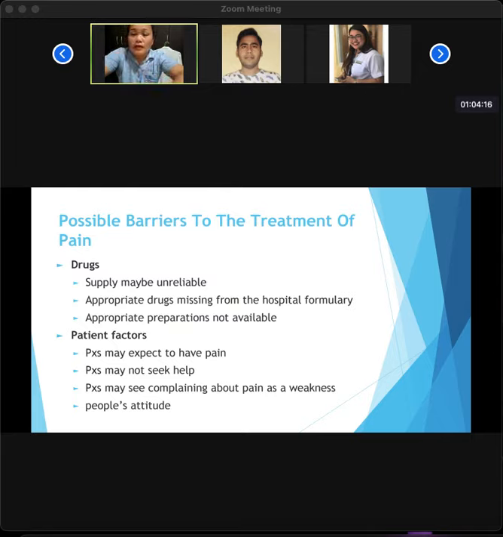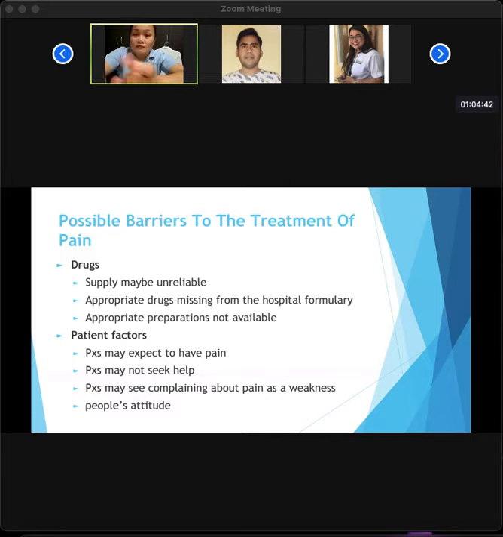Sometimes also, patients may not seek help, especially yung mga tatay or breadwinner. So, sasabihin nila, I should not feel any pain, so I should not seek help. I'm strong. Ganon. Kahit na in pain na sila, kahit na hindi na sila nakakatulog. So yun, isang barrier.